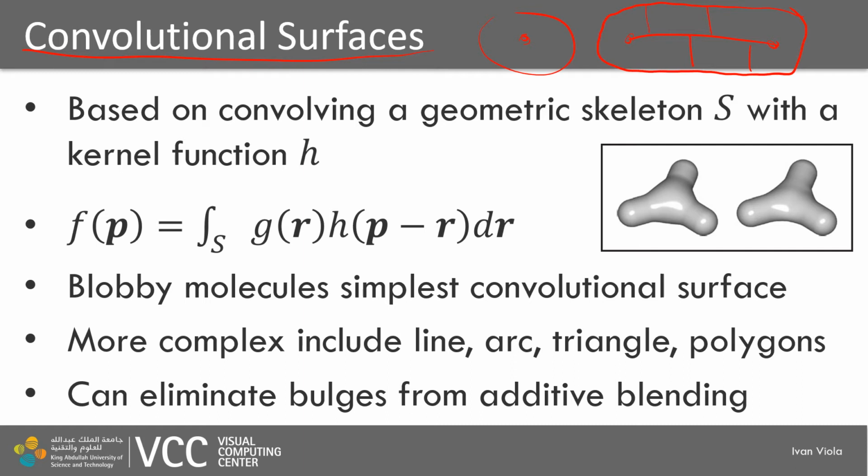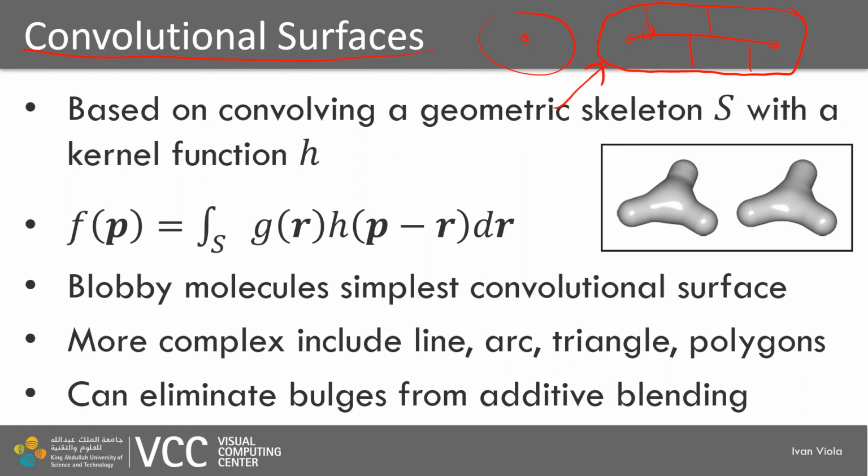implicit models. The difference is that in the case of the distance surfaces, only one element on the skeleton contributes to the position of the offset of the surface.